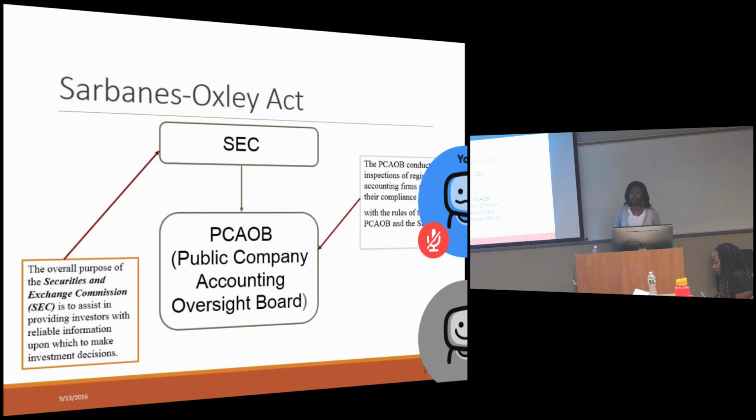But the PCAOB is, as I said, one of the biggest changes that the audit profession has gone through over the last 10, 15 years. It has a significant impact on the major audit firms because those are the firms auditing public companies. Anything I talk about with respect to the PCAOB, and you'll see the standards, I'll talk about on Thursday. There are PCAOB audit standards that audit firms have to abide by in the audit of publicly held companies.